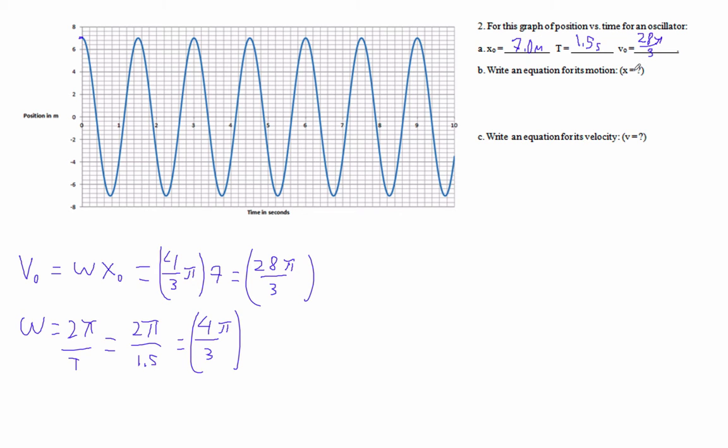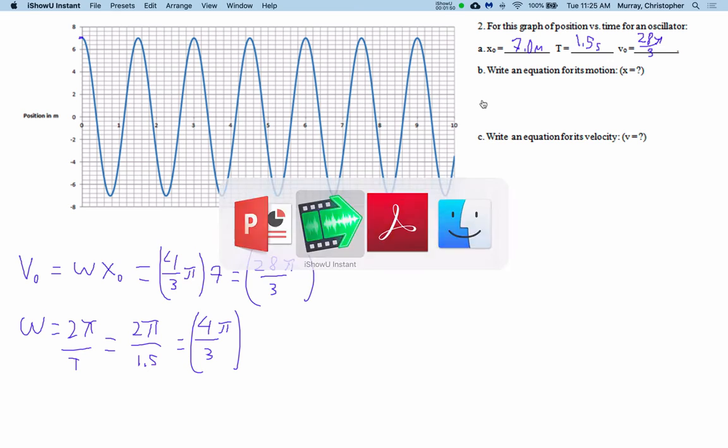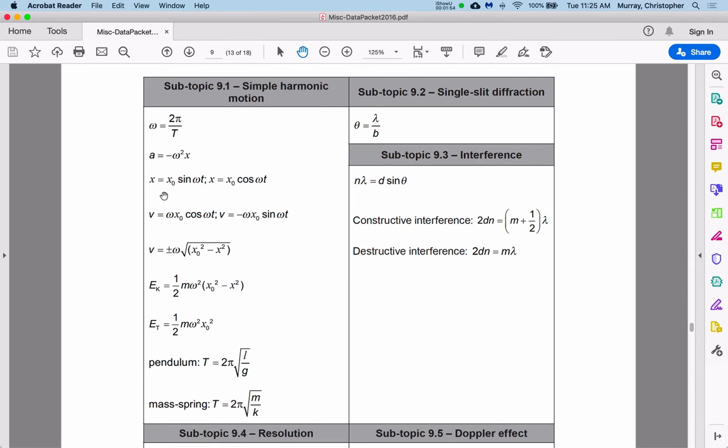Okay. So let's see. Write an equation for the motion. Well, this is cosine, right? Okay, so our equations are, if x is cosine, then v is negative sine, and it's omega x naught sine omega t.